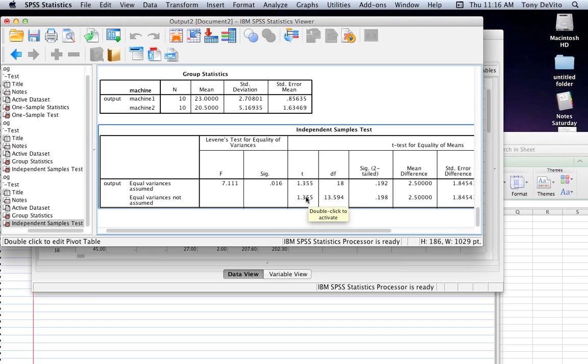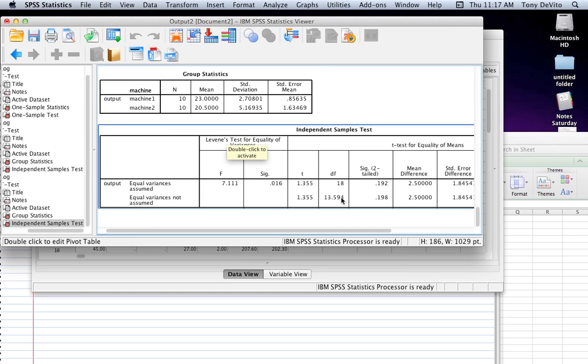This part from this line to the right all tests for the equality of the means for the population of machine 1 and the population of machine 2. The t-test tells me that the t-score for the difference between these two means is 1.355. That doesn't look very likely to me to be sufficient to reject the null hypothesis that the mean for machine 1 is equal to the mean for machine 2, right?